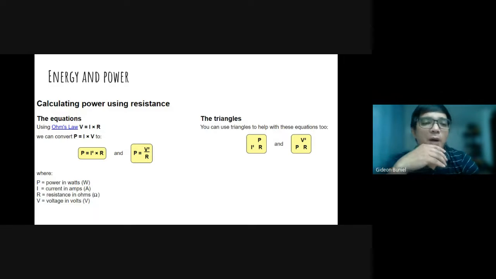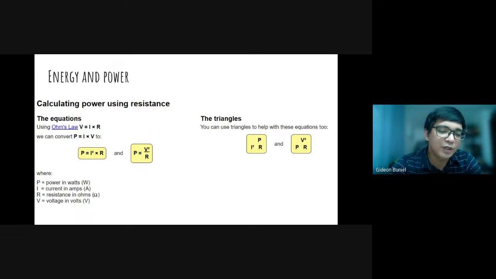Now, calculating power using resistance. Using Ohm's law, we have V is equal to I times R. We can convert P is equal to I times V to P is equal to I squared times R. So that is the square of the current times the resistance. And P is equal to the square of voltage over the resistance.